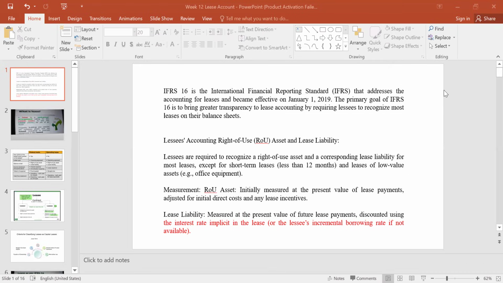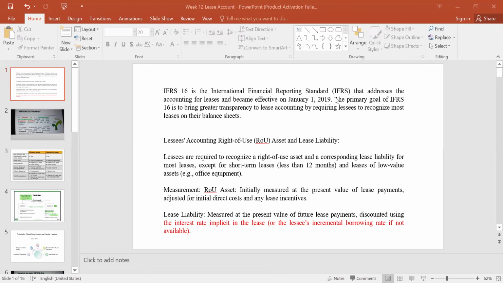There is a clear definition: IFRS 16 is the International Financial Reporting Standard that addresses the accounting for leases and became effective on 1st January 2019.